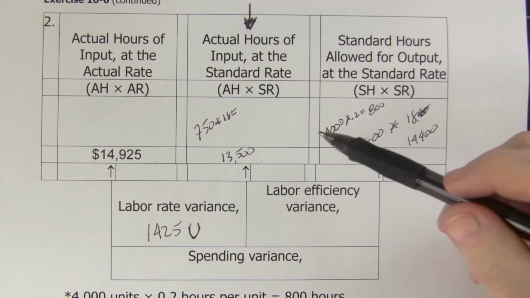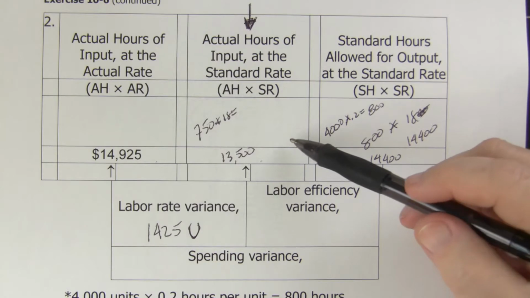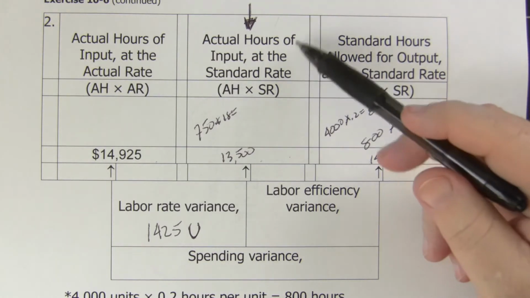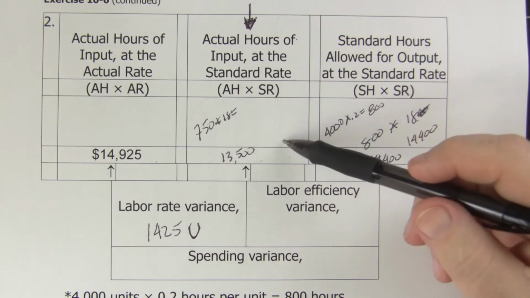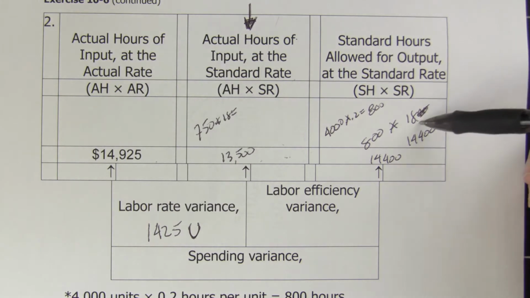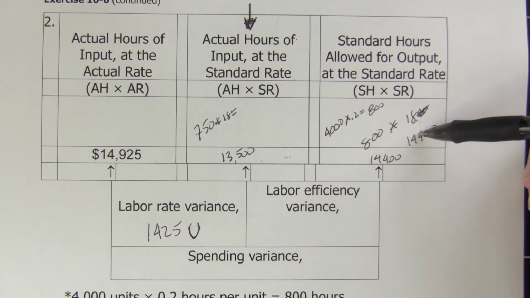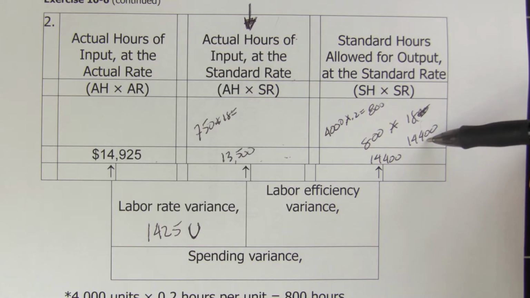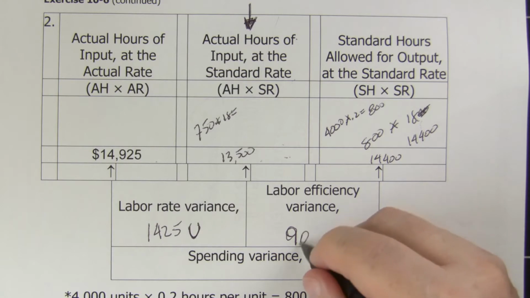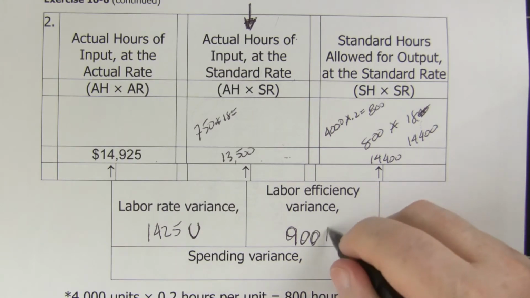Actual hours at the standard rate is 13,500. The standard hours at the standard rate would have been 14,400, so we're $900 less. That's favorable.